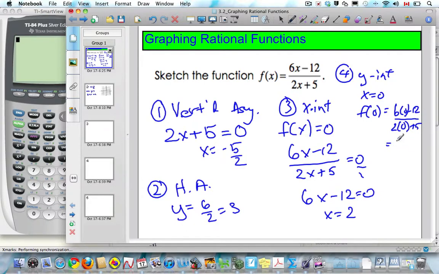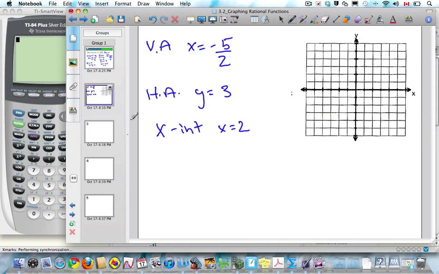If I simplify that, I get negative 12 over 5. Well, that's just a little bit more than negative 2, so it's negative 2.4. So my y-intercept is y equals negative 12 over 5.